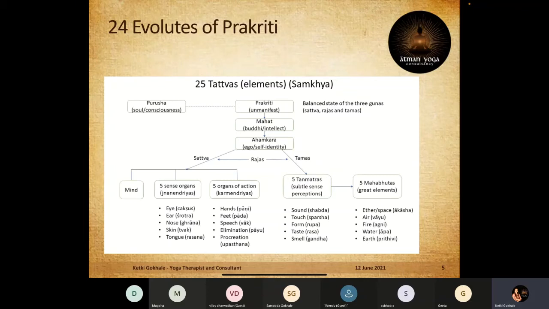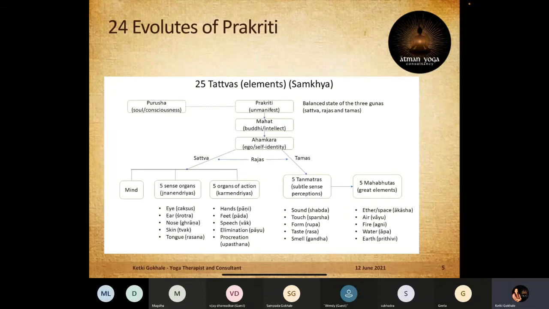All these organs are called Karmendriyas. With the help of Karmendriyas, we do all the actions. So we can say that Jnanendriyas are the five entrance doors to the Purusha, and the five organs of action, Karmendriyas, are the exit doors of the Purusha.